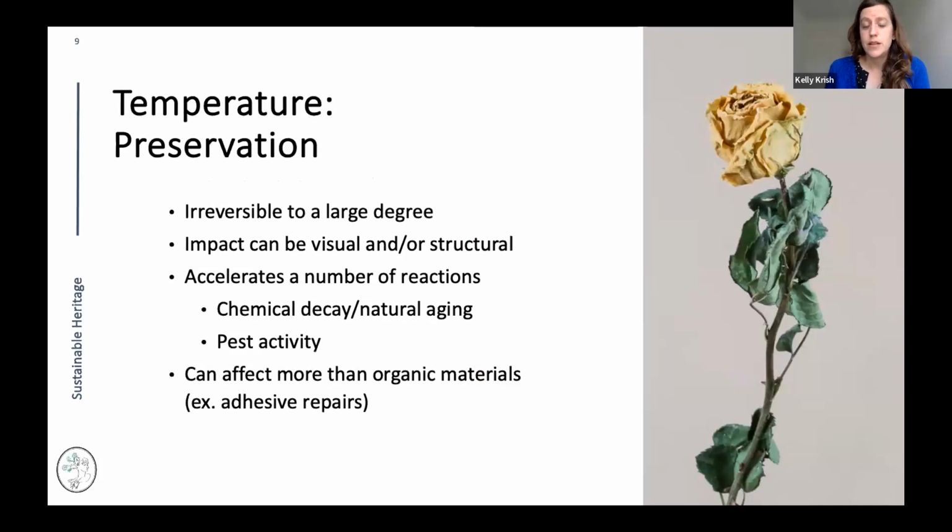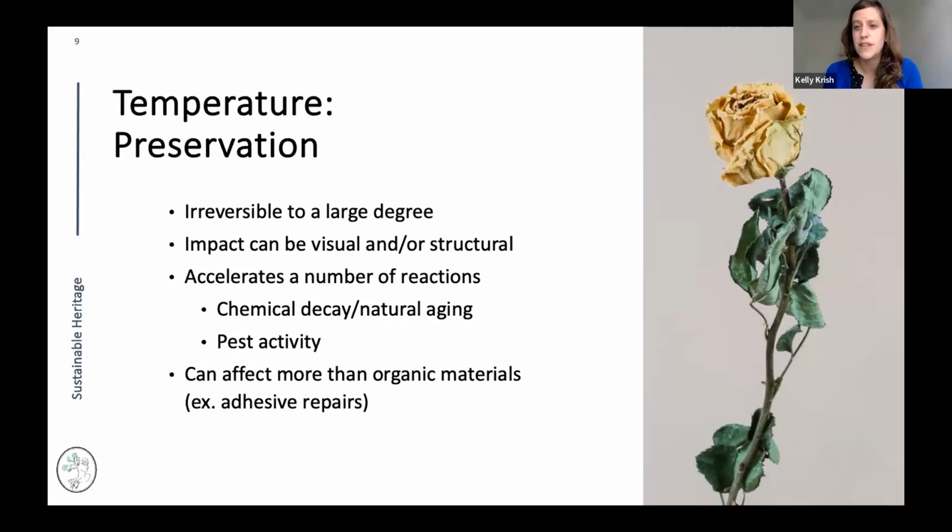From a preservation perspective, the reason we care is that this is the primary driver for chemical decay, or what's referred to as natural aging. This is irreversible. So at higher temperatures, it's going to occur faster, but at lower temperatures, it just slows down. It can't really be reversed.